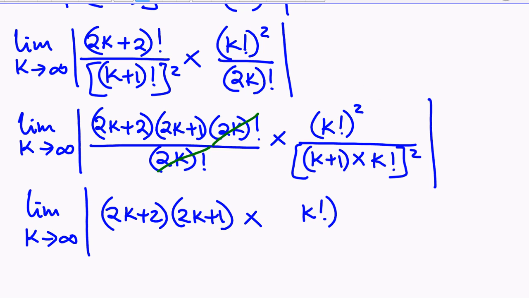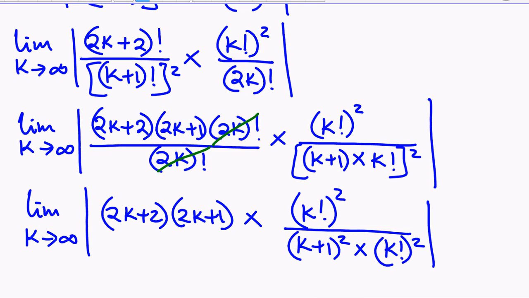So k factorial squared over k plus 1 squared multiplied by k factorial squared. Okay. That and that bit cancels.